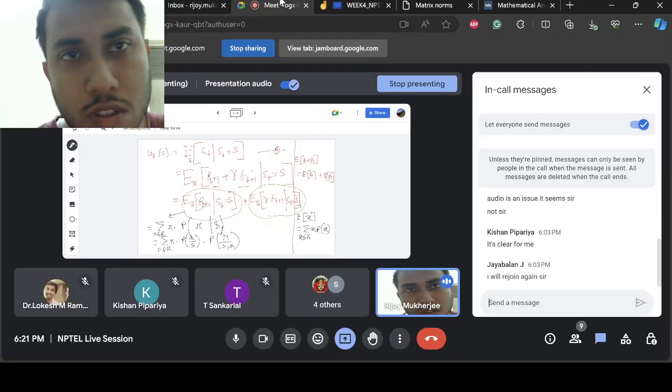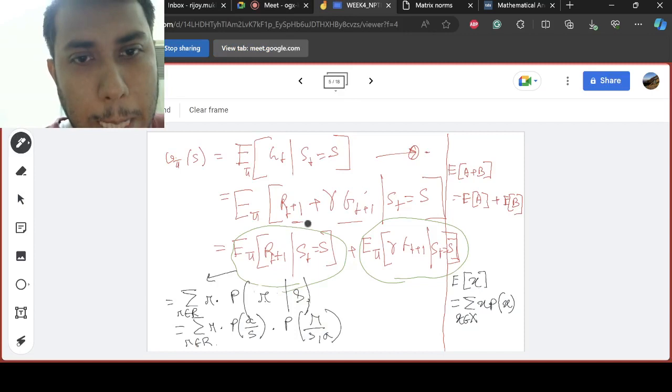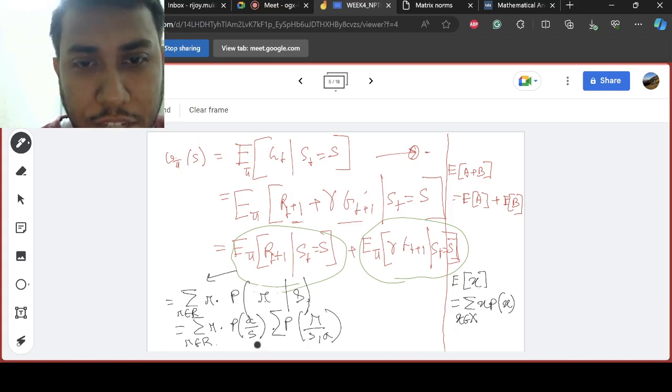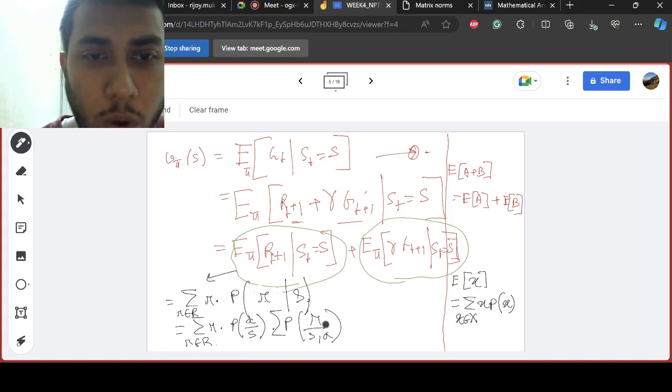Why can we write it like this? Because this is a conditional probability, so we can expand it like this. What does this mean? At state S, if I take action A, what is the reward I am getting, and for state S, all the rewards we are summing up here.